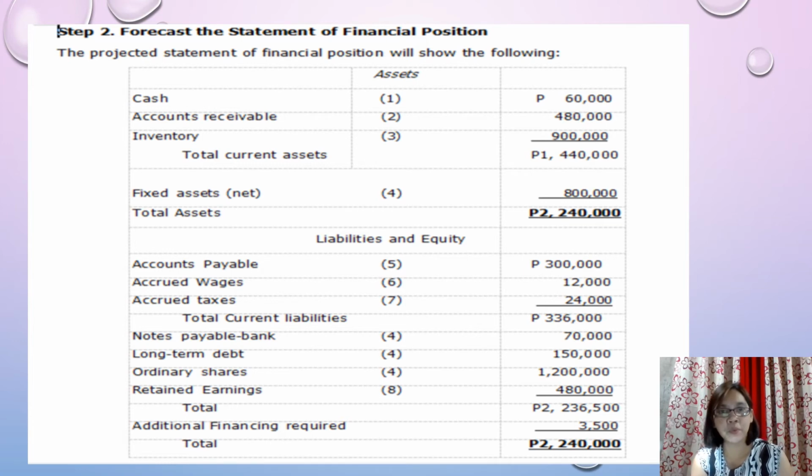So, yung cash po is 60,000. So, paano po nakuha yung 60,000 na cash? Ang gagawin lang po dyan, yung 60,000 po, that is 2.5% ng 2,400,000. Okay? Yan po yan.